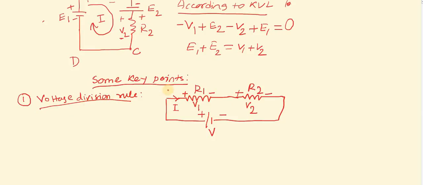So for voltage division, just remember that the voltage across R1, V1, will be equal to the total voltage V into the resistance value R1, divided by the sum of the two resistances.